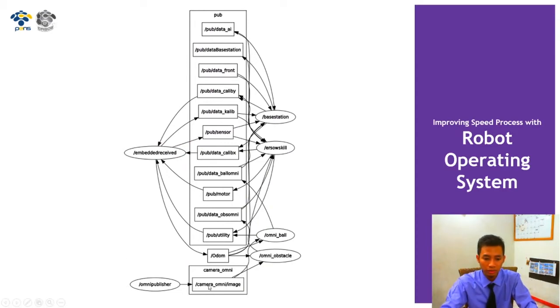First we can see the Omni image, which I take from the Omni publisher and send into two programs, Omni ball detection and Omni obstacle detection, and then send to the base station. So the vision is around here at the bottom, and then sent to the base station.